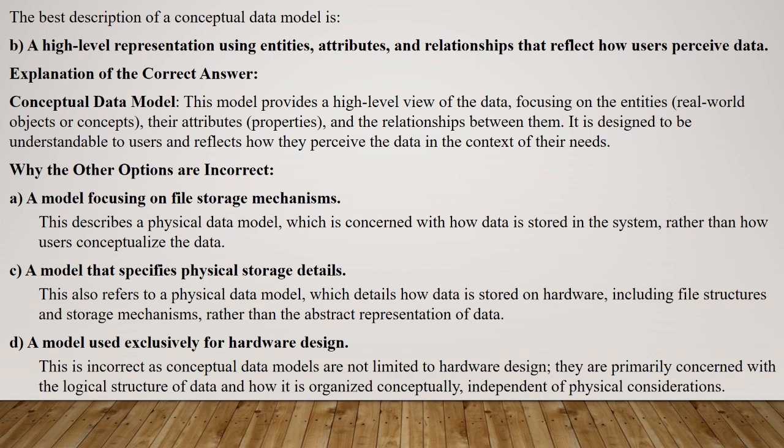C, a model that specifies physical storage details. This also refers to the physical data model, which details how data is stored on hardware, including file structure or storage mechanisms, rather than an abstract representation of data.